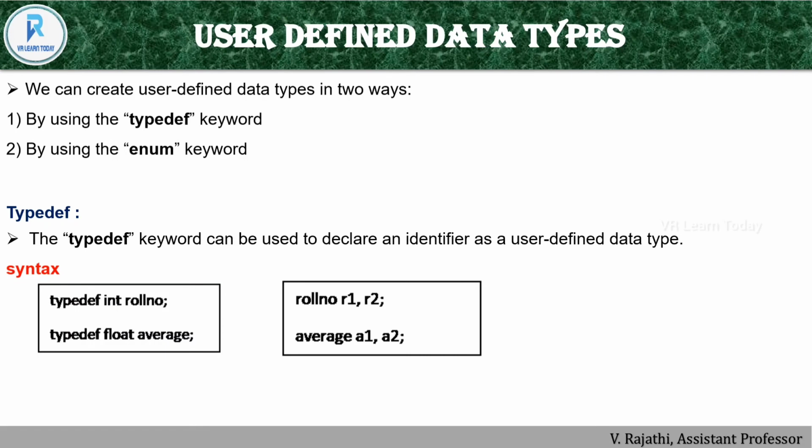Okay, see the average. Average is nothing but a floating data type. typedef float average, so average a1, a2 will be floating type. So with typedef, you can give your own name, any variable name, and that name acts like a data type which you have declared.